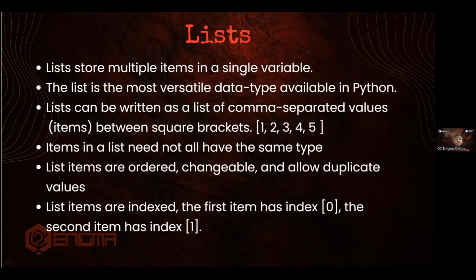Lists are 0 indexed data structures, with the first item starting with 0, the second item starting with 1, and so on. If you want to access any of the elements in the list, you would just pass in the list and mention the index of that particular item.